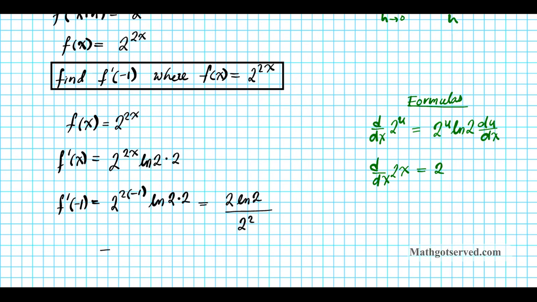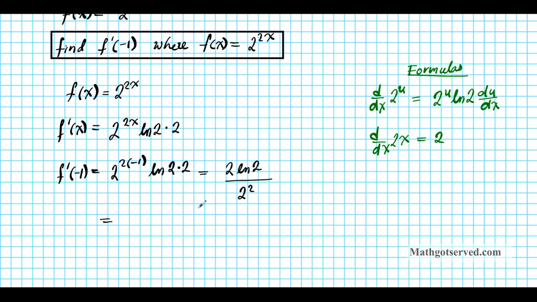Using the properties of exponents, we're going to have 2 times the natural logarithm of 2 over 4. Alright, 2 goes here 1, 2 goes here 2. Your final answer is the natural logarithm of 2 over 2. So that's the derivative of the function 2 to the 2x at x equals -1.